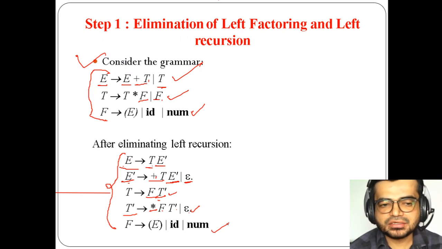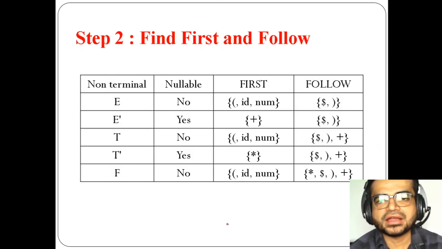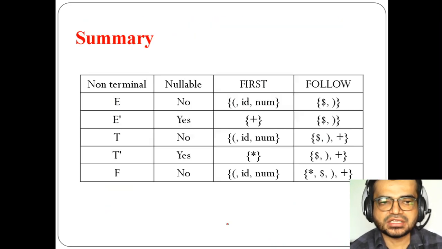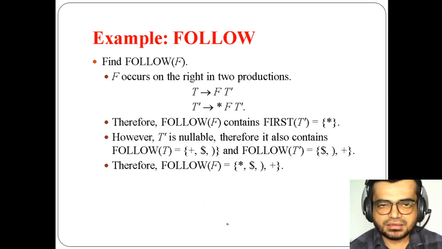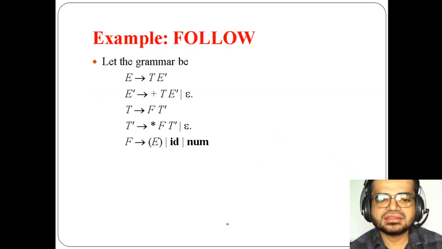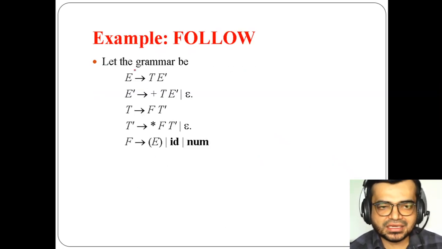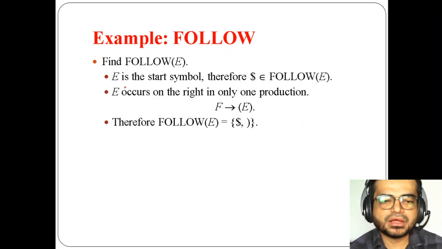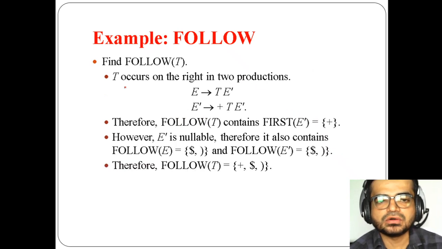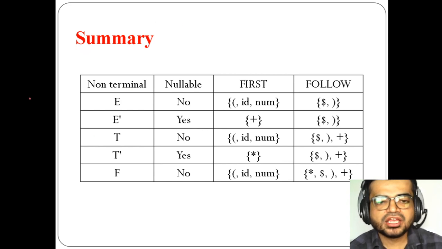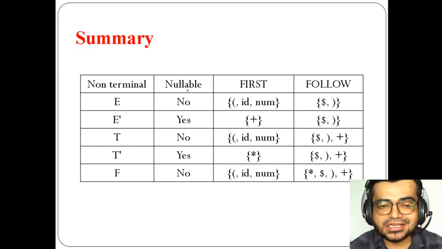Now, using this grammar, what I have to do is find out first and follow. For this first and follow, I have already covered it in the last session, so I'm asking you to verify it there. It is the same grammar that I have taken right now, and you have to perform this whole procedure for first and follow, and ultimately you need to get this summary table, which shows for each non-terminal whether it is nullable or not.